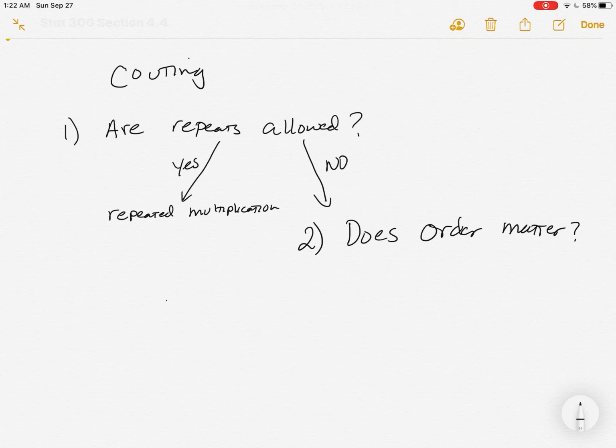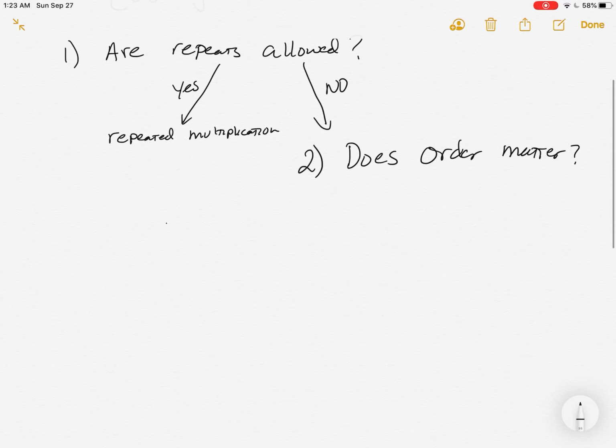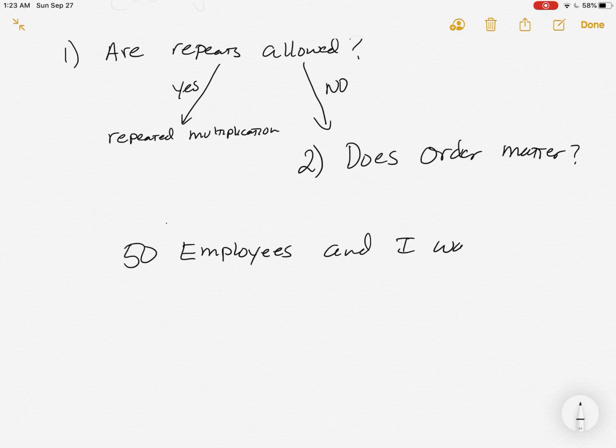Alright, so let's talk for just a moment. Let's suppose that I am an employer and I have 50 employees. And I want to create a subcommittee. I shouldn't call it a subcommittee, a work group, right?